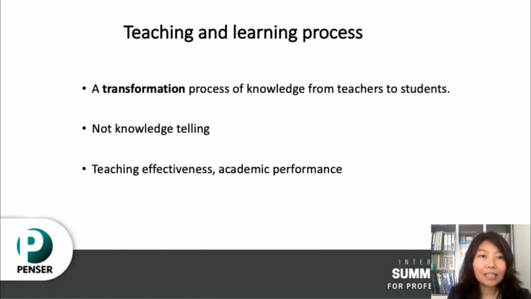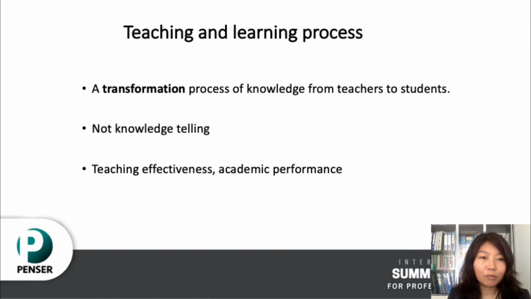So we know that the teaching and learning process is a transformation process of knowledge from teachers to students. That means the teachers give the knowledge and then the students receive the knowledge. And it's not just knowledge telling by the professors.